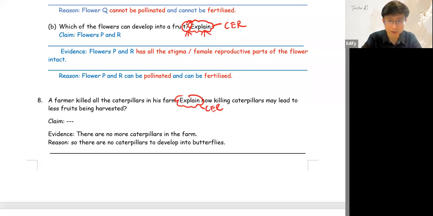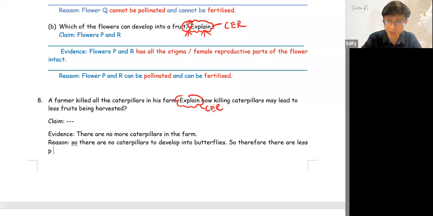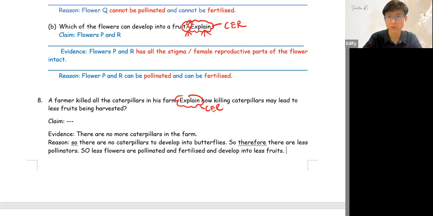Therefore there are fewer pollinators in the farm, so fewer flowers are pollinated and fertilized, and develop into fewer fruits. Okay, so this would be something like that.